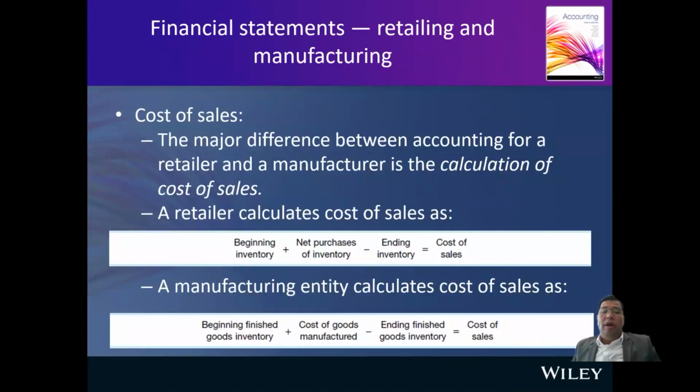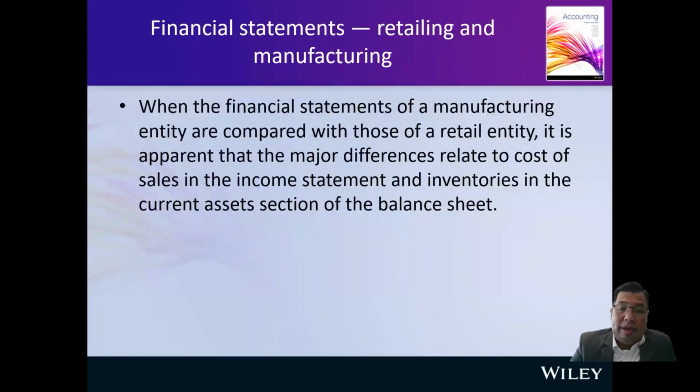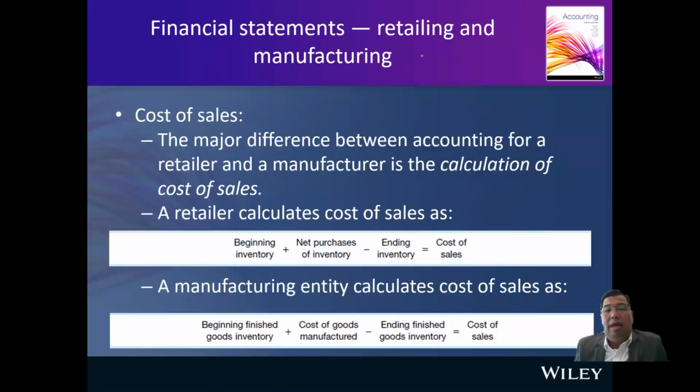Let us go for the first one, the cost of sales. We have sales, then you minus cost of sales, and from there you will get your gross profit. It's very easy. The cost of sales in a trading business is beginning inventory plus net purchases minus ending inventory.